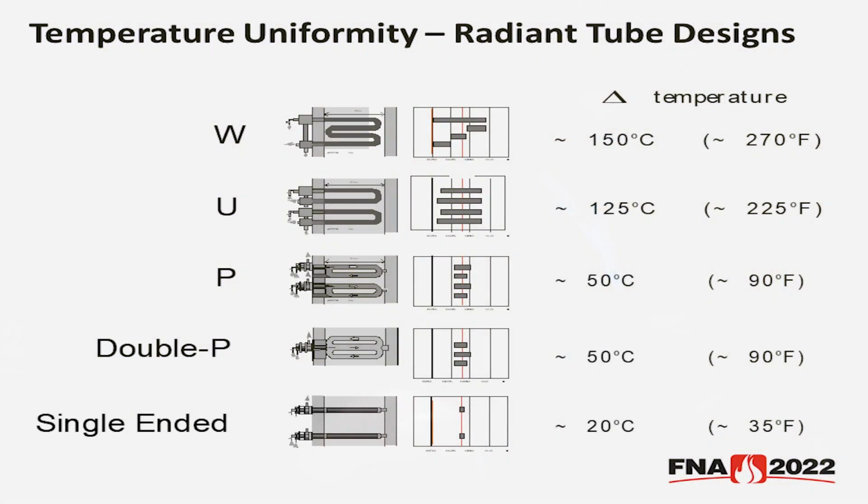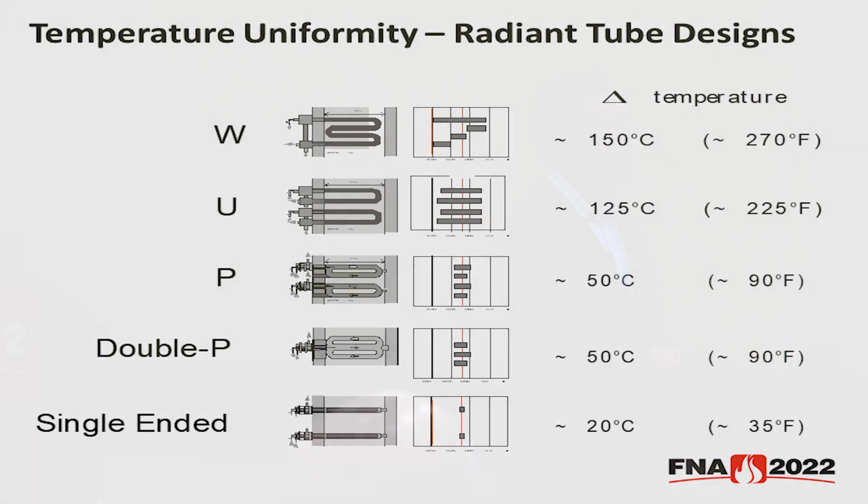Where did it occur, and how large was it? So in the case of the W tube, the maximum delta T was observed in the first leg, which makes sense because we have that long, lazy flame there stretched out across the length of that leg. So maximum delta T was approximately 270 degrees Fahrenheit.